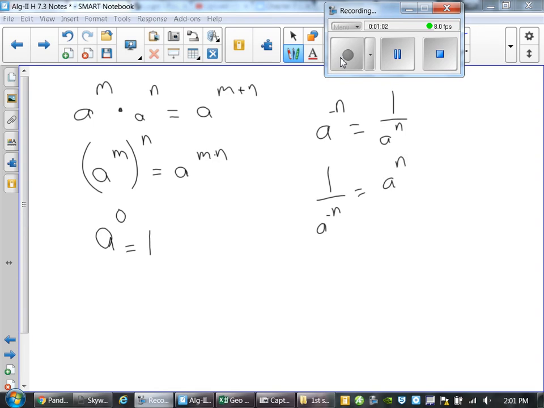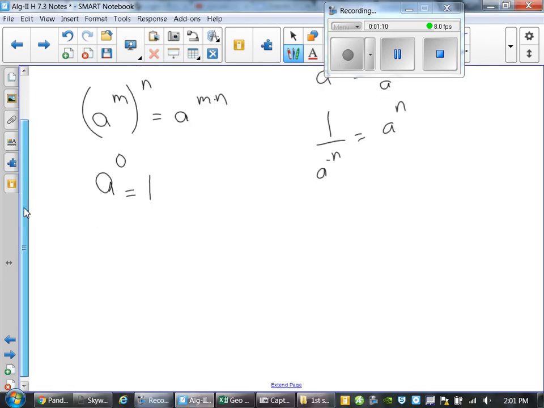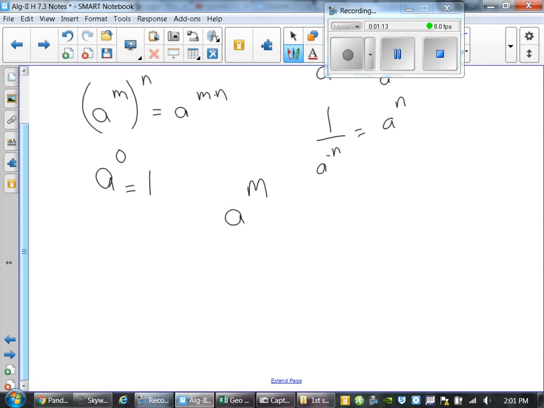And then really the only other one that we looked at was playing war. When you had the same base, different exponents, when you're dividing, I always said play war. What that meant was, which exponent has a numerical value greater?